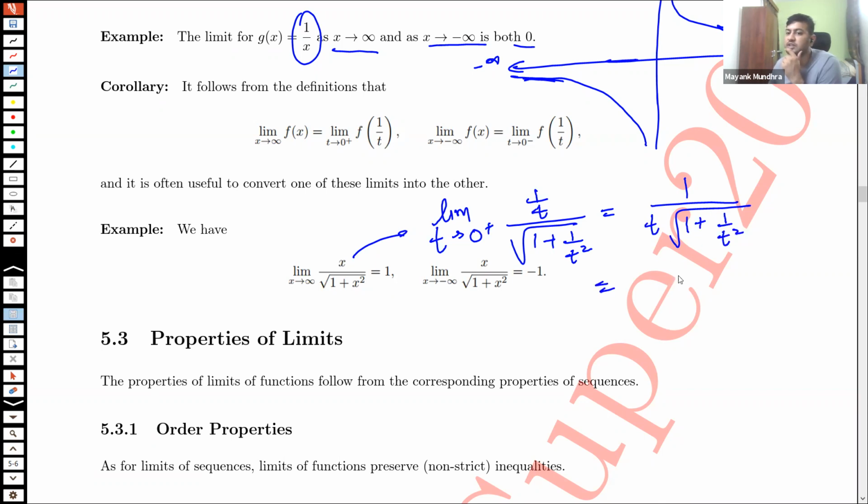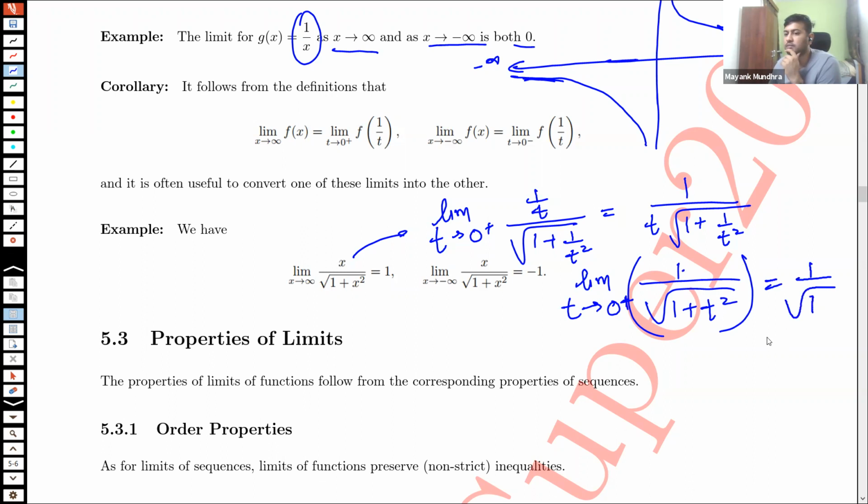Then this t goes inside, and this becomes 1 by under root 1 plus t square, limit t tending to 0 plus. Now as t tends to 0 plus, I can make the substitution 0 plus, and this becomes 1 by under root 1. So this becomes 1.